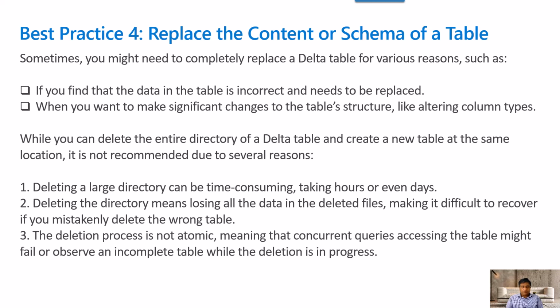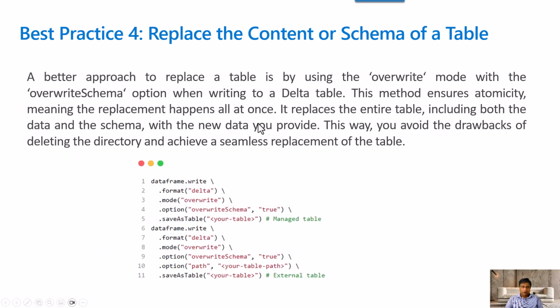And then, how do we avoid these challenges? For avoiding these challenges, we use overwrite mode in the table, and then we set the overwrite schema option to true. What happens is that this method actually ensures atomicity, okay, which means that everything happens at once, instead of slowly doing it incrementally.